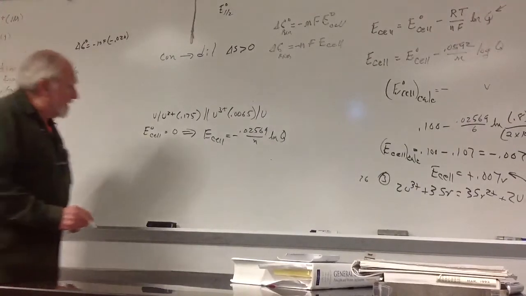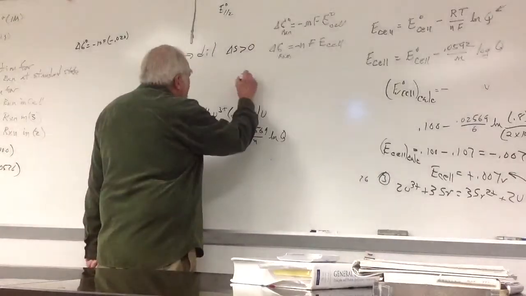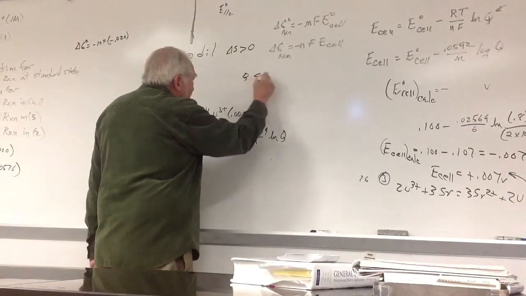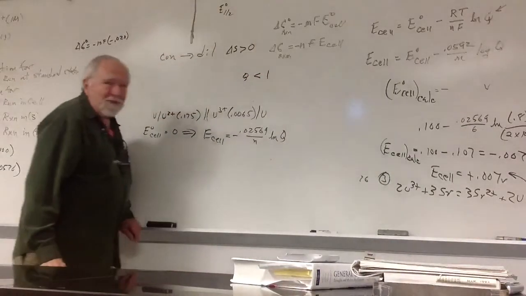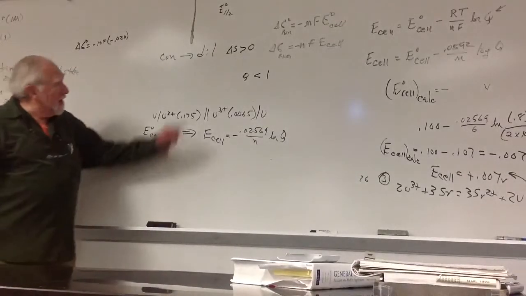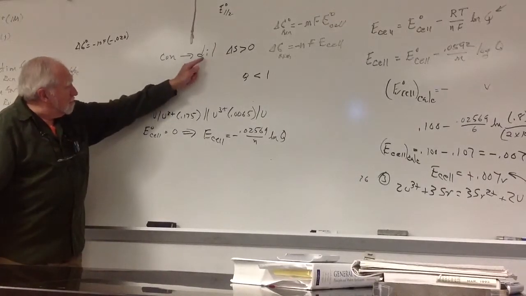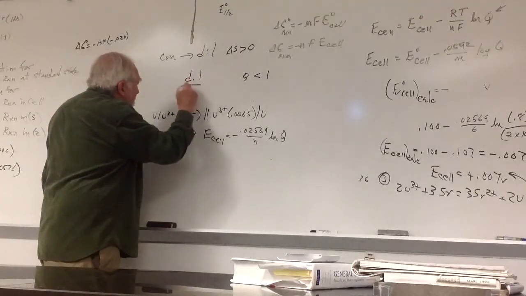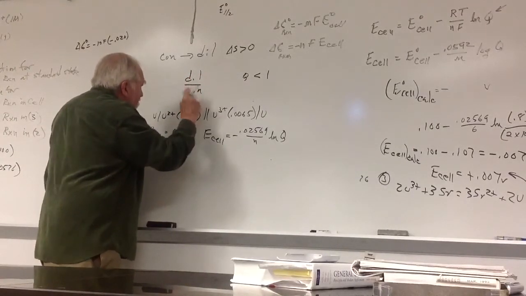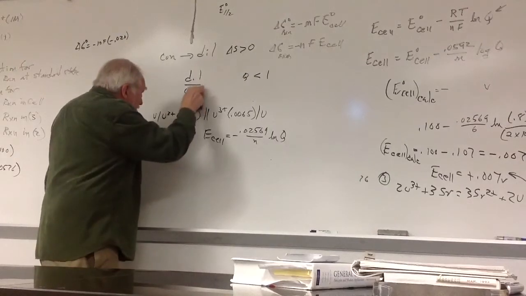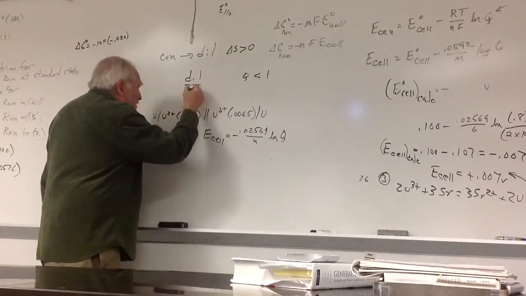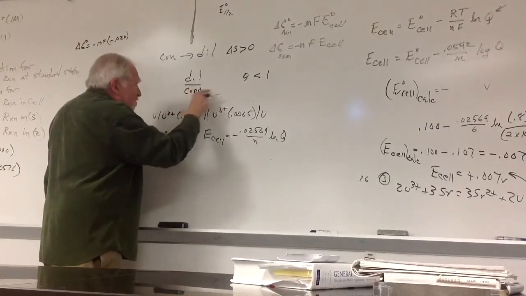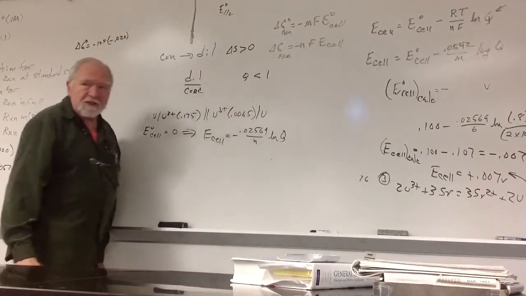And when you look at this, Q is always going to be less than 1. Because you're going to have the smaller number over the larger number, so it comes out to be a number less than 1.